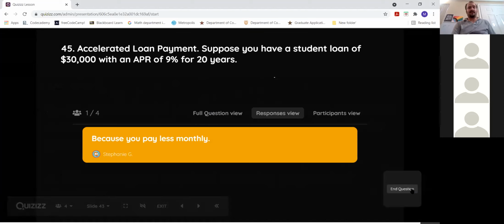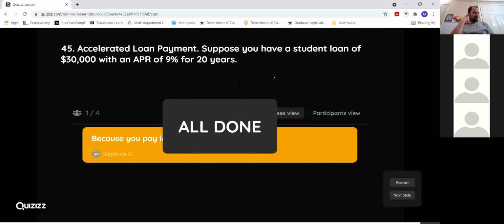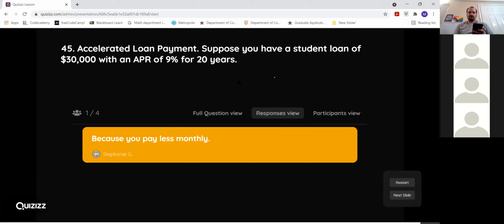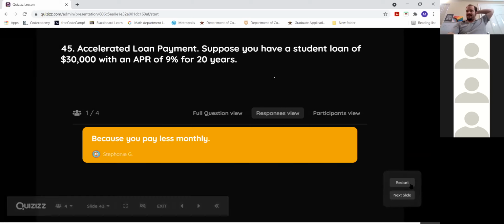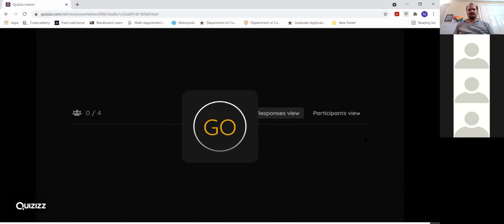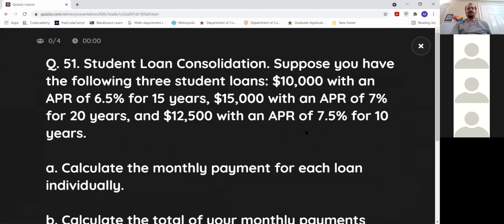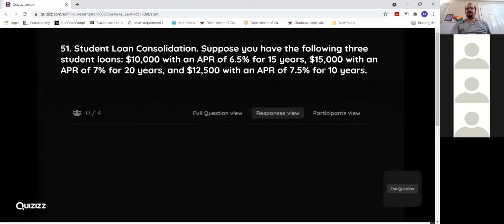So multiply by 12, multiply by 20 for the first one, and multiply by 12, multiply by 10 for the second one. A lot of these might ask which one is the better loan, and there's not really a clear-cut answer all the time. Student consolidation, this one is also open-ended.